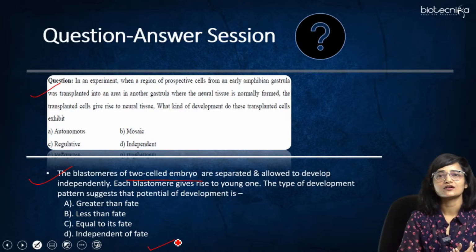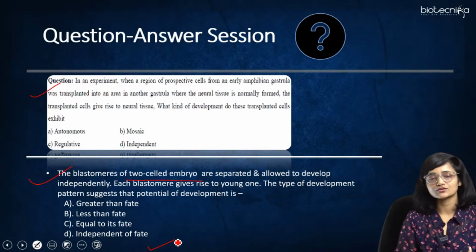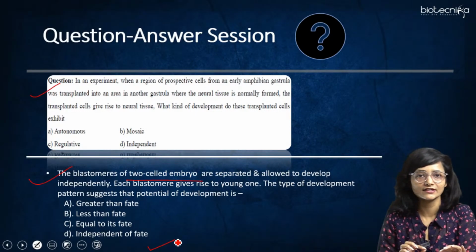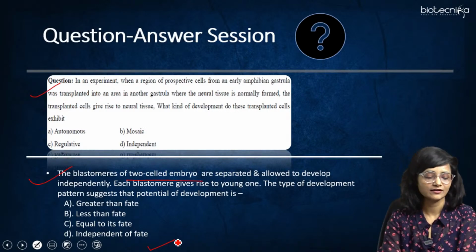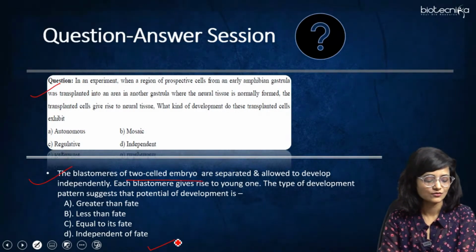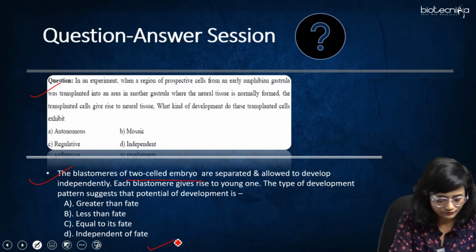The type of development pattern suggests that the potential of the development is which one: greater than the fate, less than the fate, equal to its fate, or independent of fate, right? I would be inviting the answers from all of you.